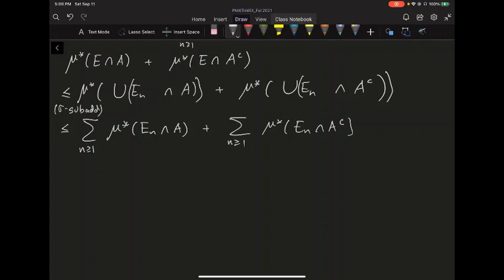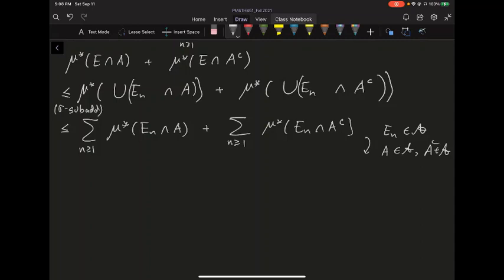Okay, and now let's look at these sums. Each of these En by definition comes from A, and we know A complement is also from A since A is an algebra.